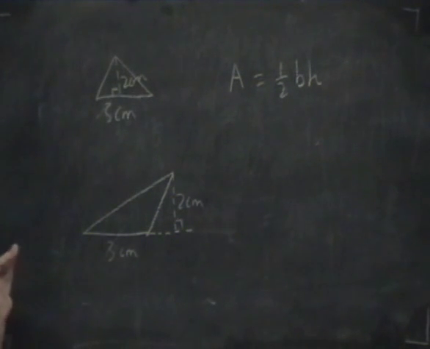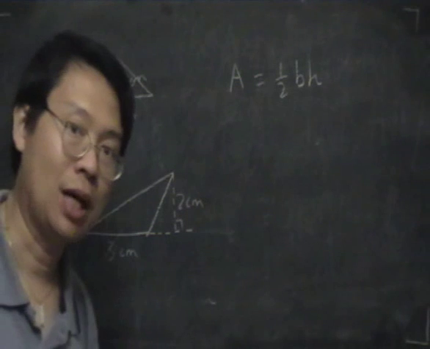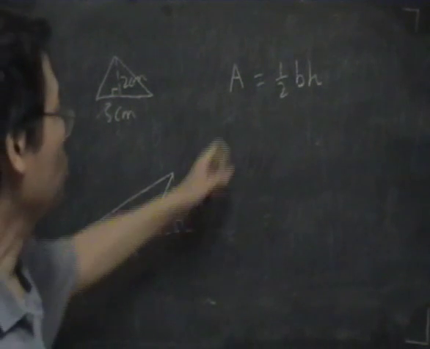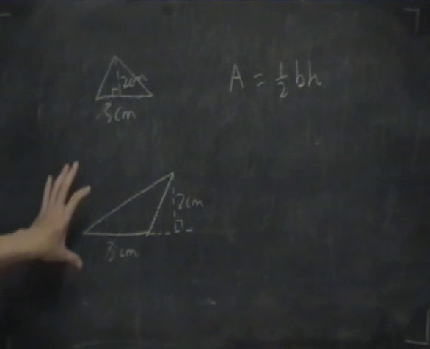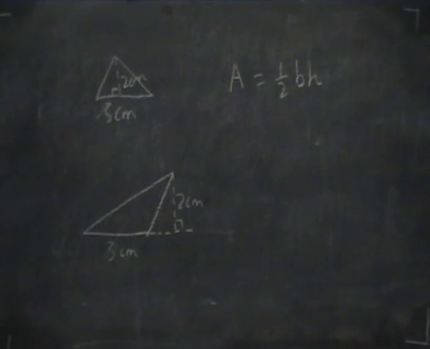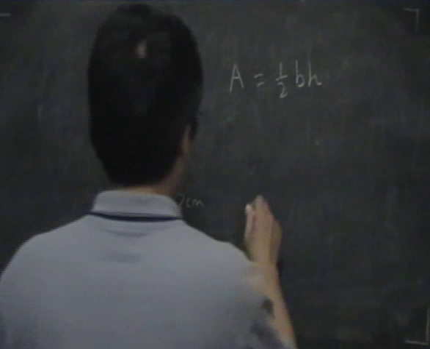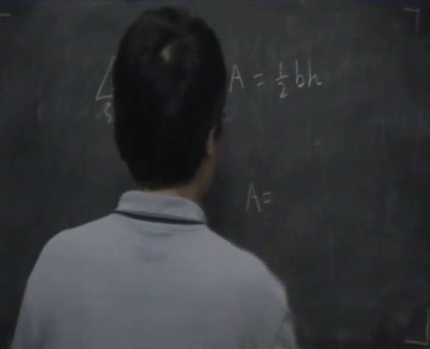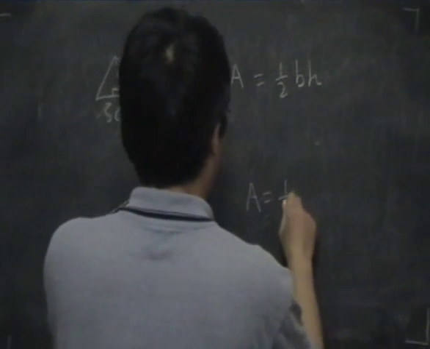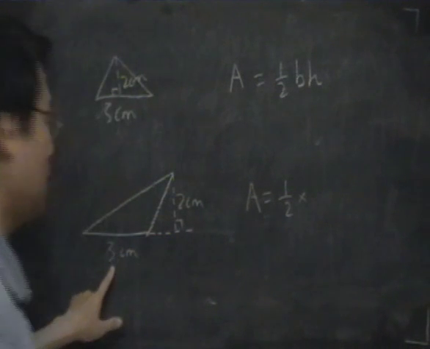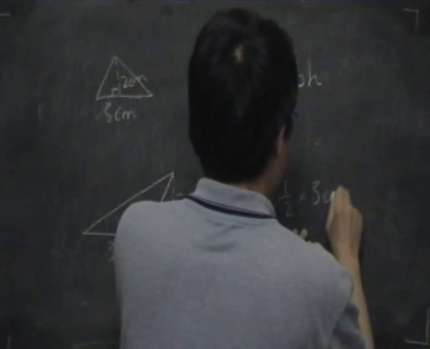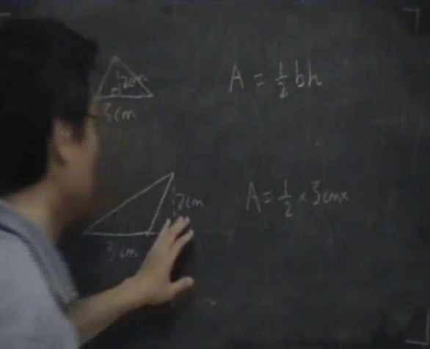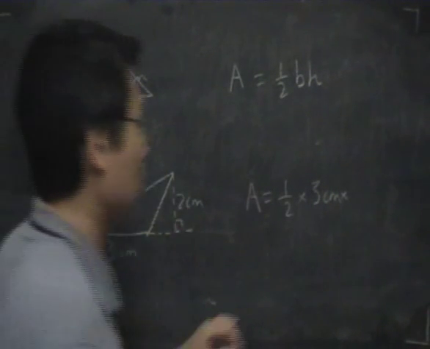So now that we have the height, we can use the same formula again to find the answer. So for example, in this very slanted triangle case, the area would be half times the base, 3 centimeters, times the height, 2 centimeters.